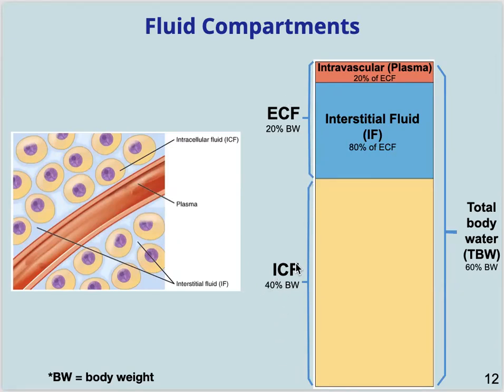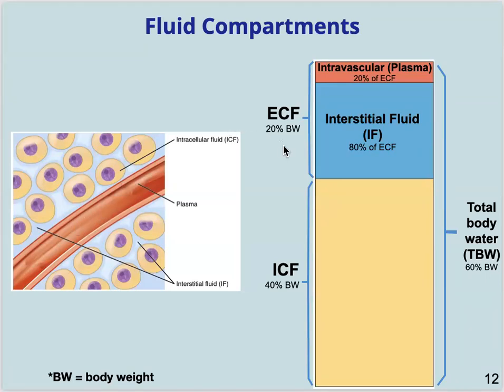Whereas 1/3 of it lies in extracellular fluid. That extracellular fluid is fluid in the interstitial space, in other words, in between the cells, and the fluid inside your blood vessels. In other words, plasma, or the intravascular fluid.